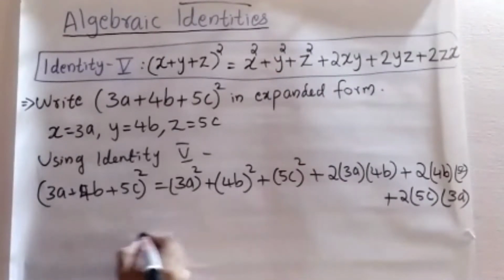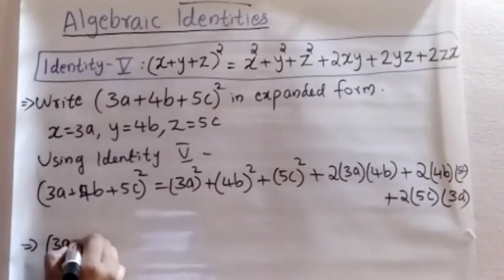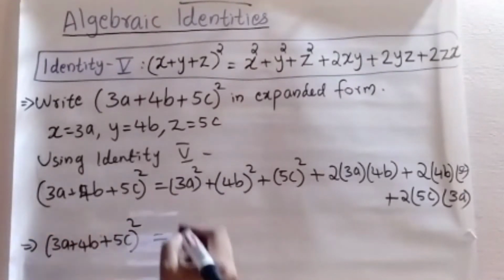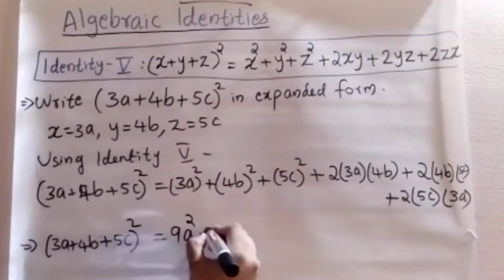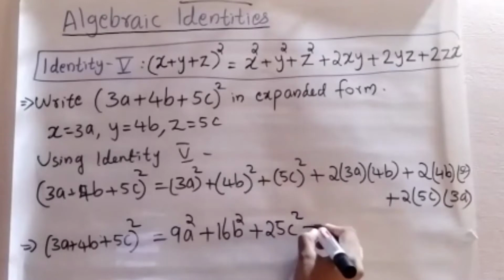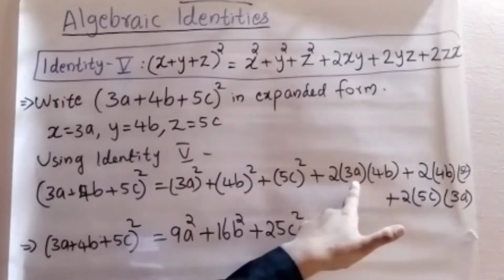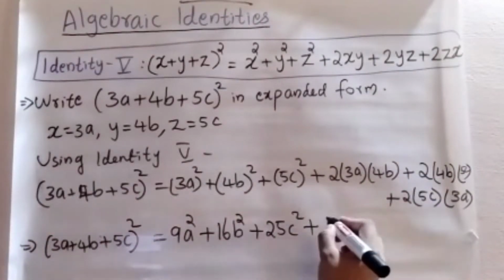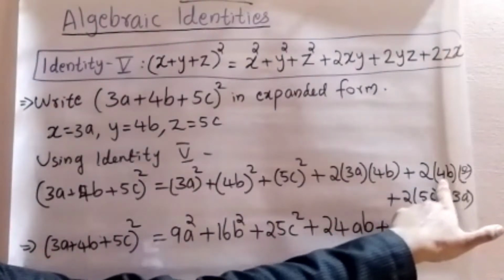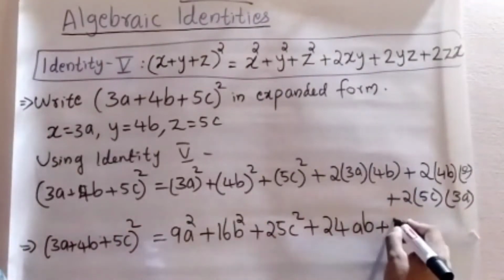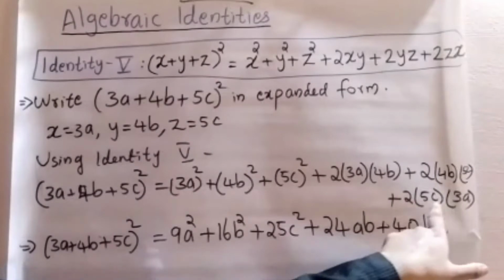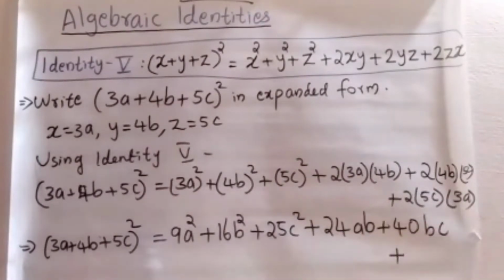Okay, we have to simplify this. So (3a + 4b + 5c) whole square is equal to 3 square, 9a square, plus 4 square, 16b square, plus 5 square, 25c square, plus 3a into 4b, that is 12ab into 2, 24ab, plus 4b into 5c, 20bc into 2, 40bc, plus 5c into 3a, 5 into 3, 15, 15 into 2, 30ac.